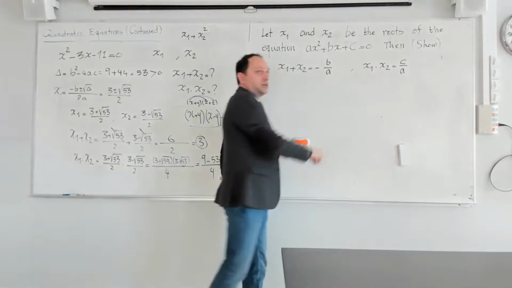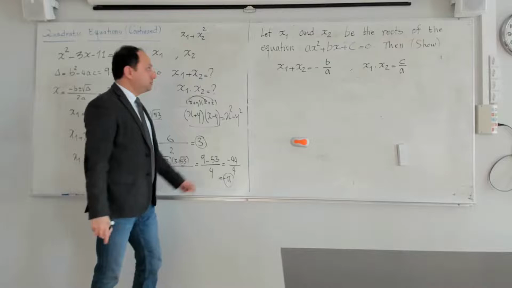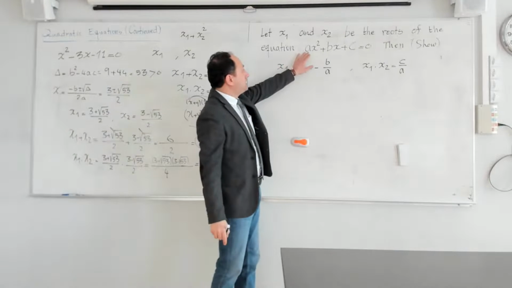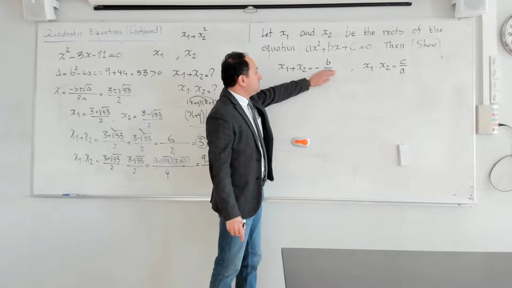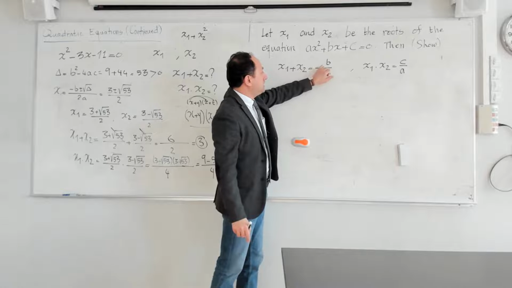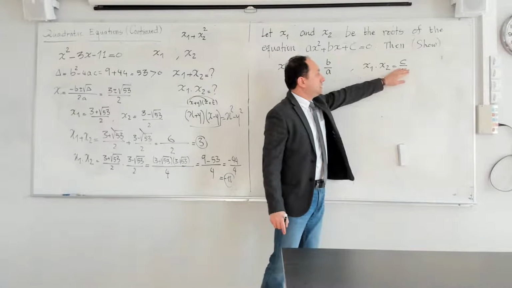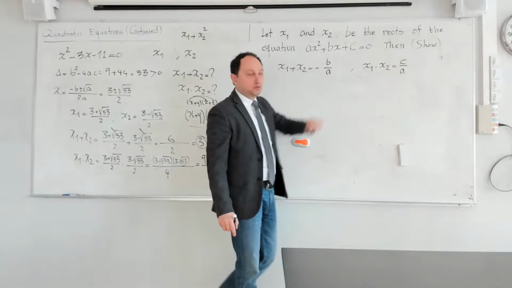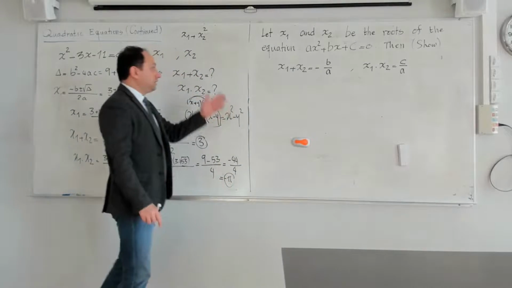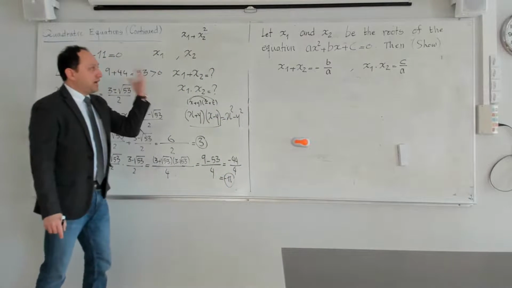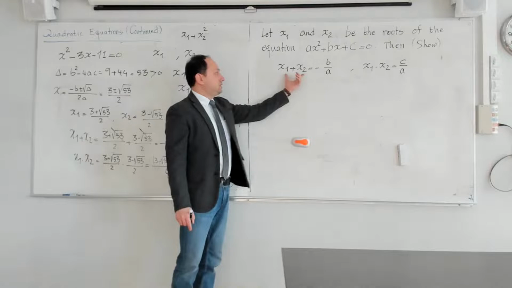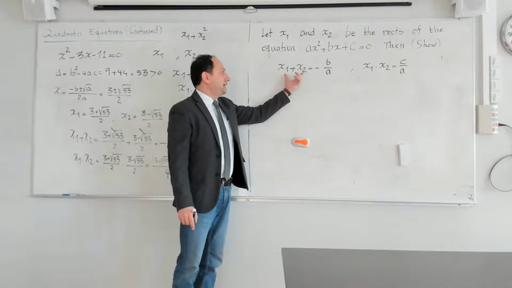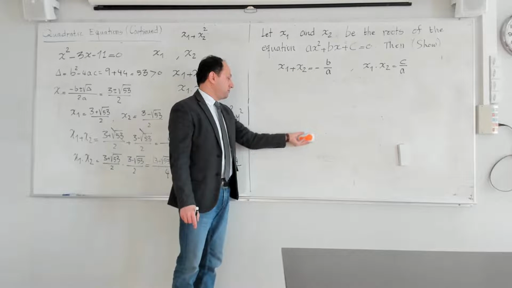The formulas in the book use the PQ version, so a is 1, and it is minus b and c. But this is the most general form. I want you to have this in mind if you are interested in solving harder math problems. It's always good to know about this. Okay.